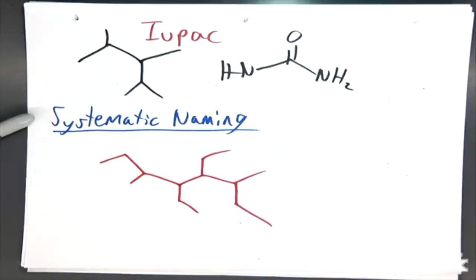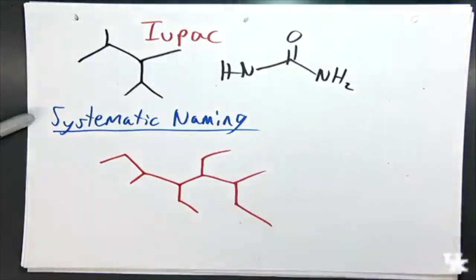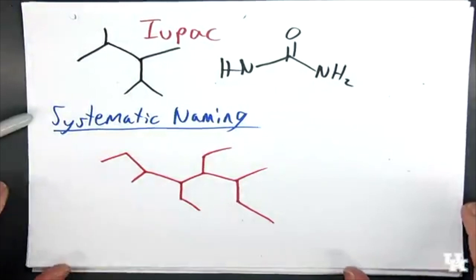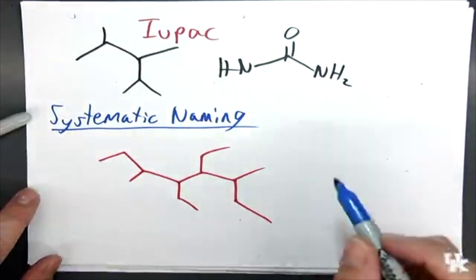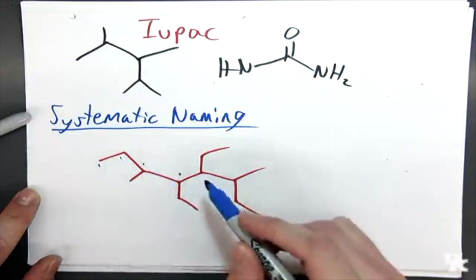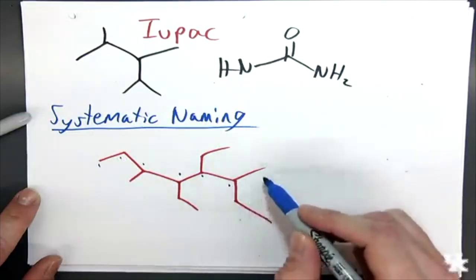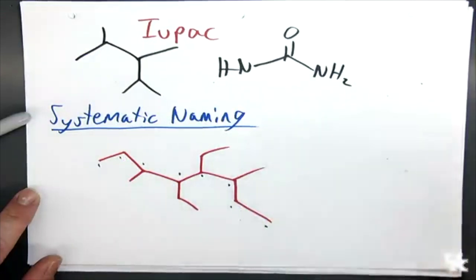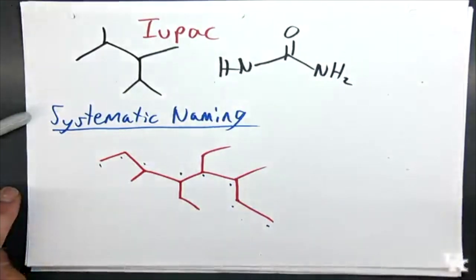This gives you an idea of what is called the parent chain. So here, hopefully you can see, and you'll get faster at it the more you do it, that we have 1, 2, 3, 4, 5, 6, 7, 8 carbons that make up the longest chain. Does everybody see that? 8 carbons.